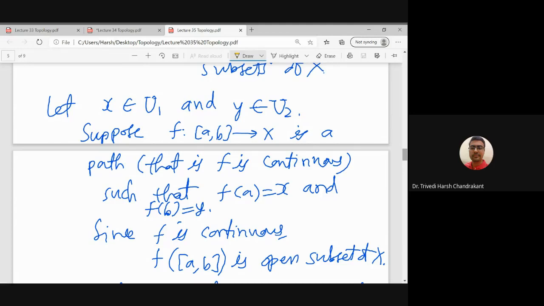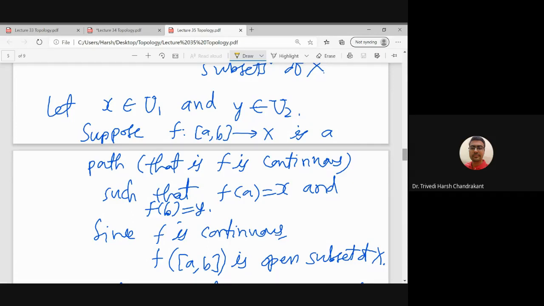And since f is a path, it is a continuous function. If you remember, we discussed one result in this course, that if f is a function from X to Y, and if X is connected, then f of X is connected.